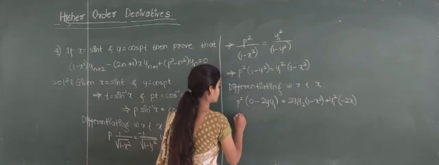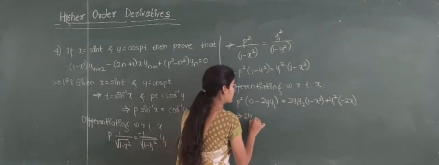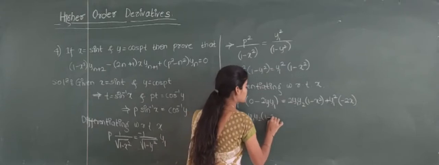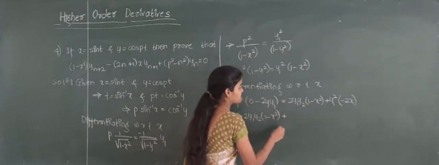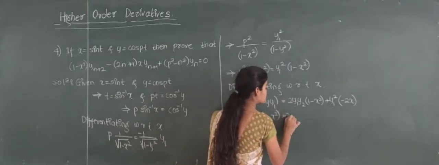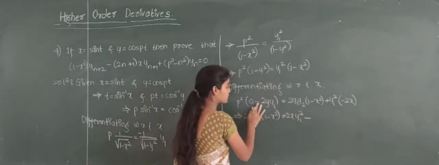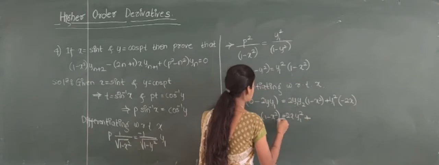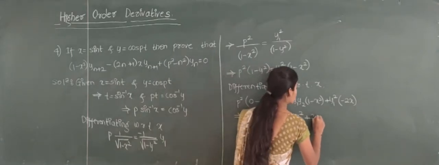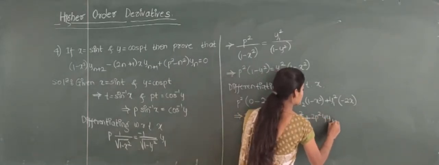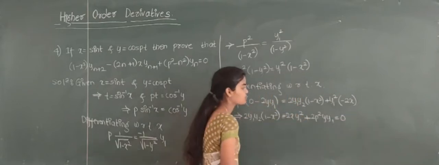So we get 2y1 y2 into 1 minus x square, minus 2x into y1 square, and to that side it becomes plus 2p square y into y1, and that is equal to 0.